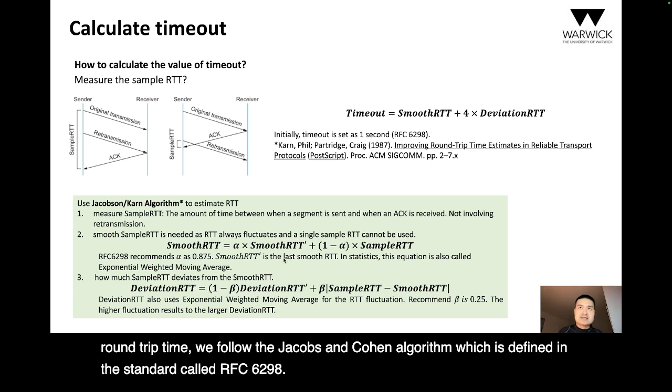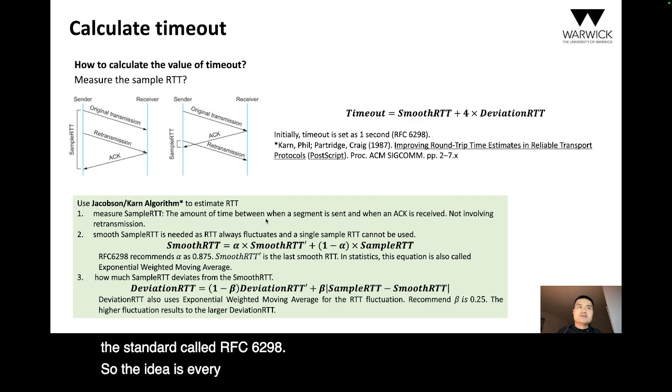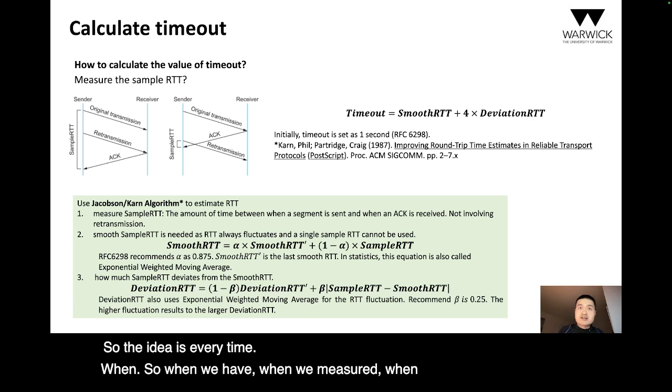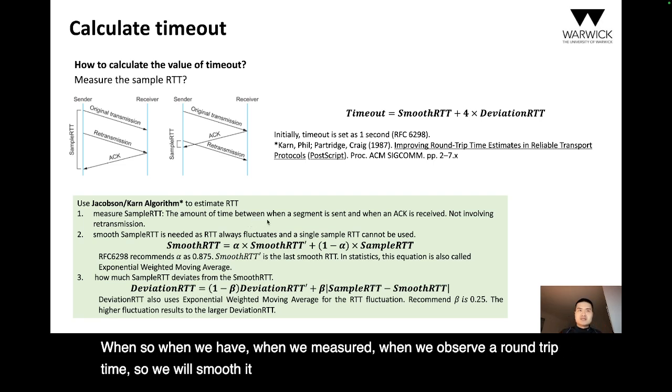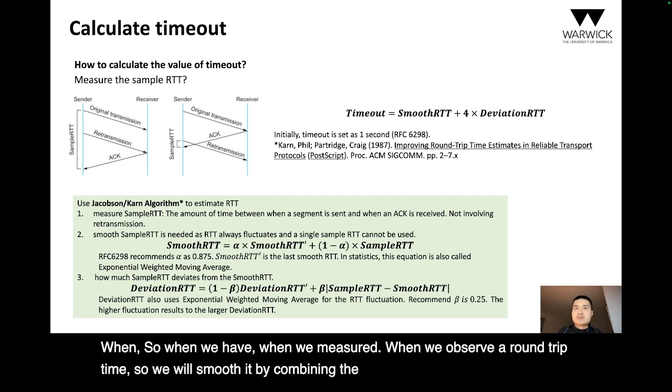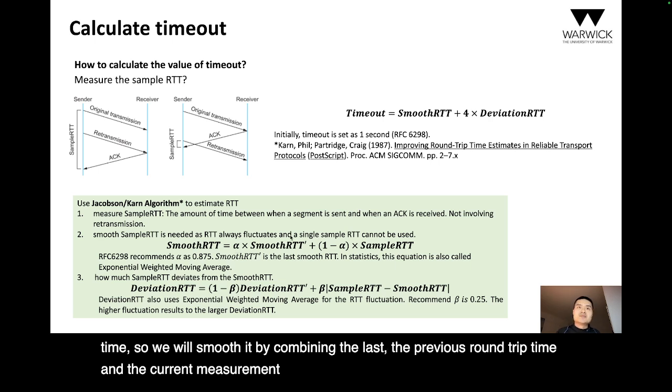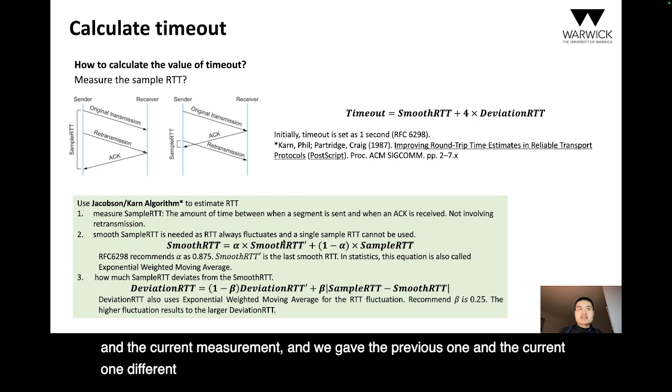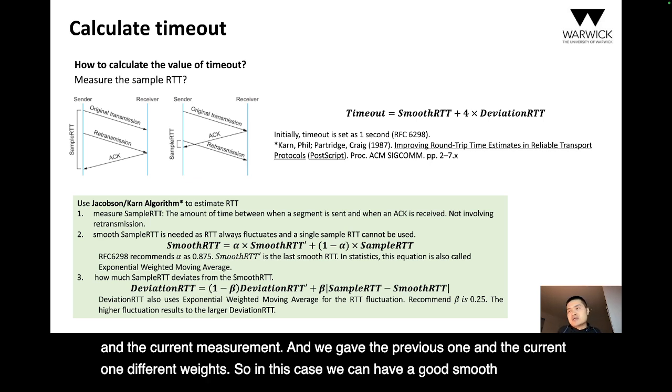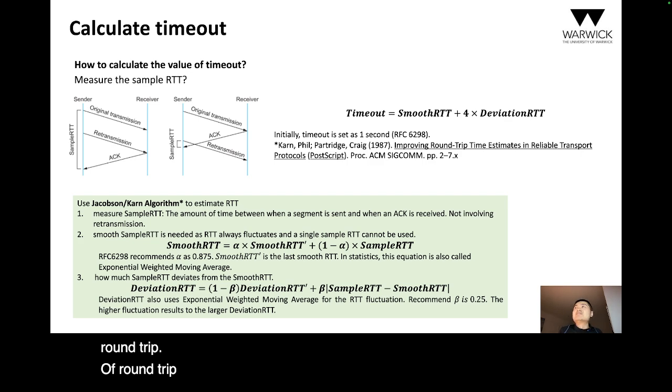The idea is that when we observe a round trip time, we smooth it by combining the previous round trip time and the current measurement, and we give the previous one and the current one different weights. In this case, we can have a good smoothed value of the round trip time in order to alleviate the fluctuation of the network condition.